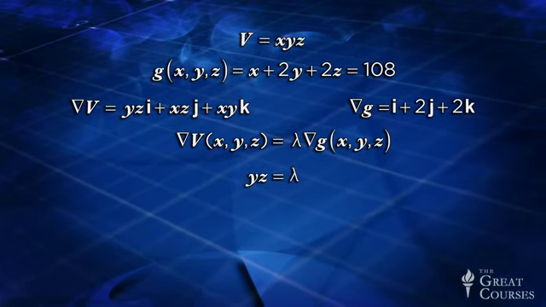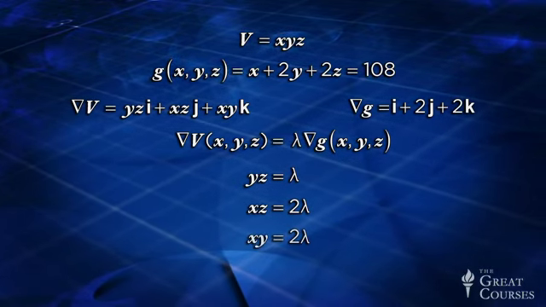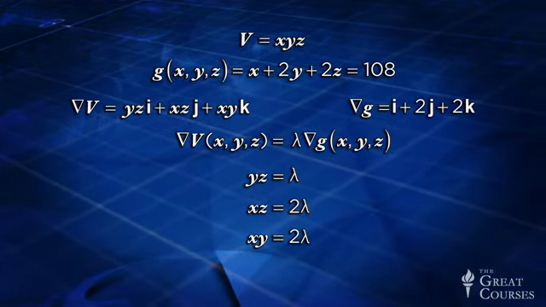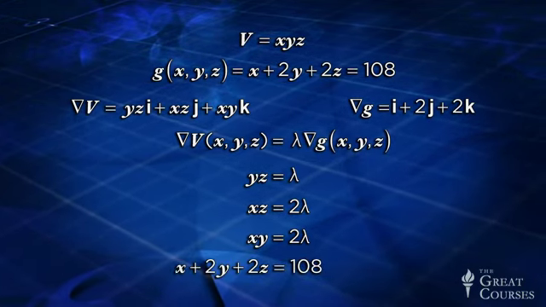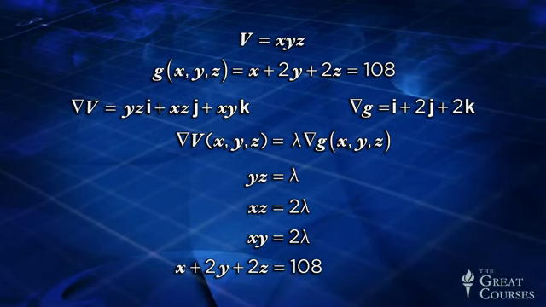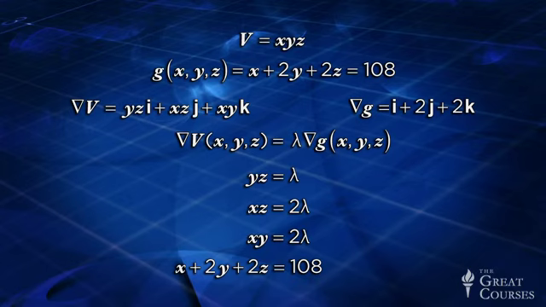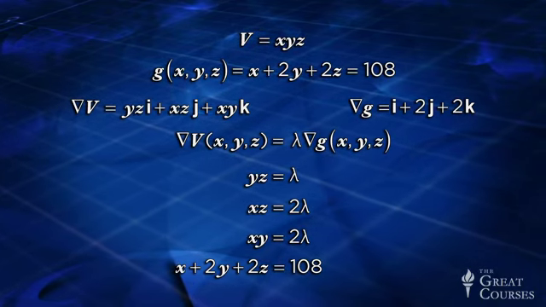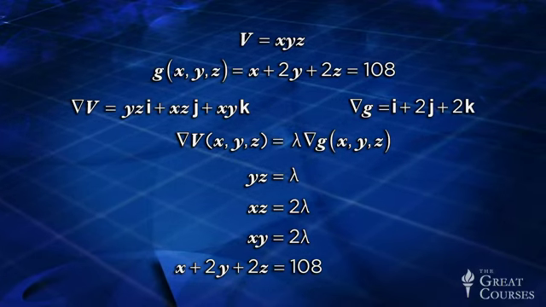Equating the j components, xz equals 2 lambda. And then xy equals 2 lambda as well when I equate the k components. And the constraint, again, is x plus 2y plus 2z equals 108. Well, it's algebra time. It's not so bad here. Yeah, so let's do this algebra.